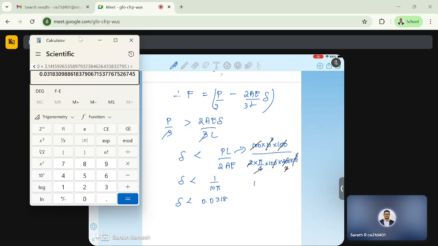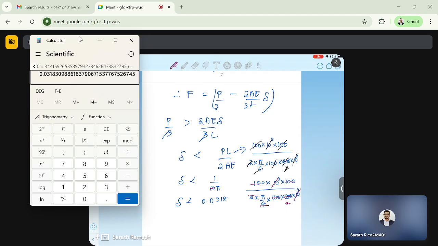I made a mistake here. 100 into 10 power 3 into 100 divided by 2 into pi by 4 into 100 into 200 into 10 power 3. Here this 10 power 3, 10 power 3 cancel. So 100, 100 cancel, 2, 2 cancel 4. So it is only 1 by pi.